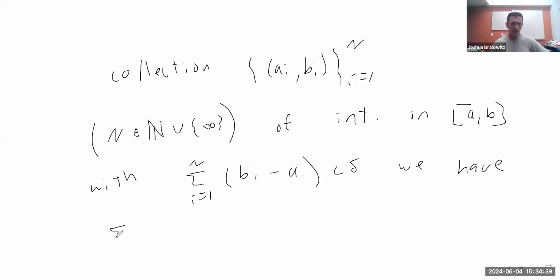We have this sum is small. So if this sum is small, then this sum is basically small. And to get this sum to be small, we just have to set this to be really small.